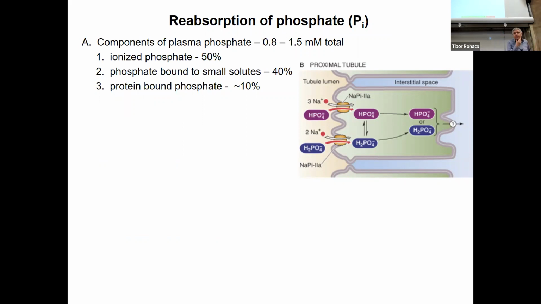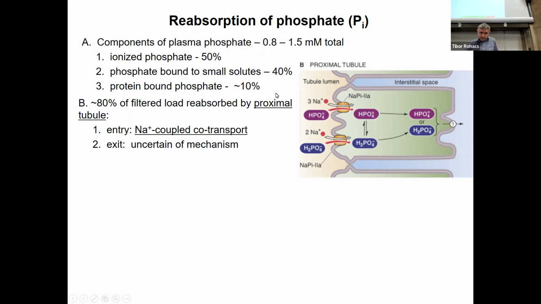That was calcium. Now we come to phosphate, which is also found both in bound and free form, except that it's mainly bound to other small solutes, including calcium, but it's also bound to proteins, to a lesser extent.